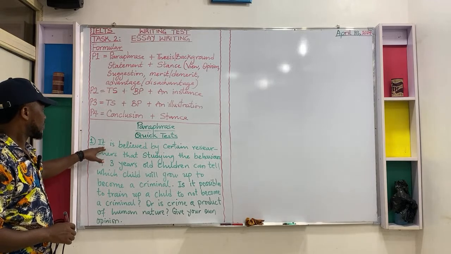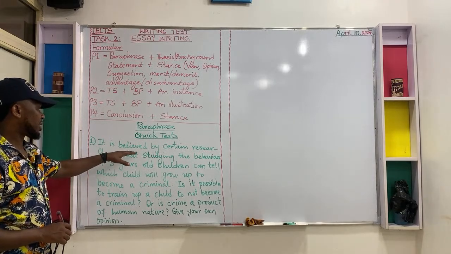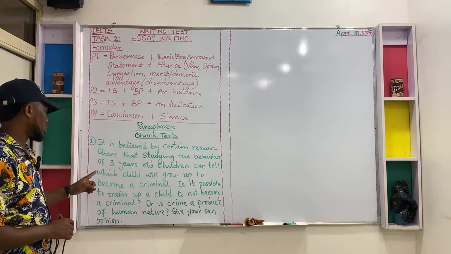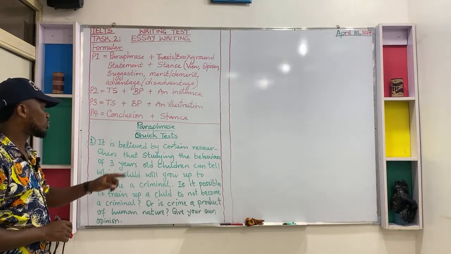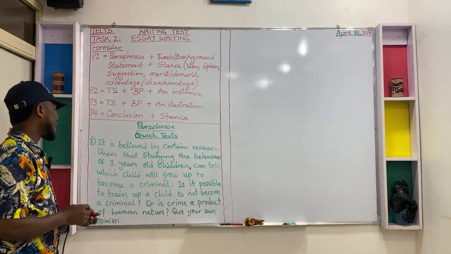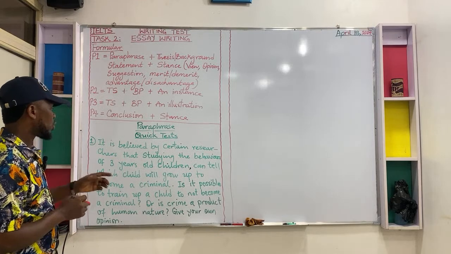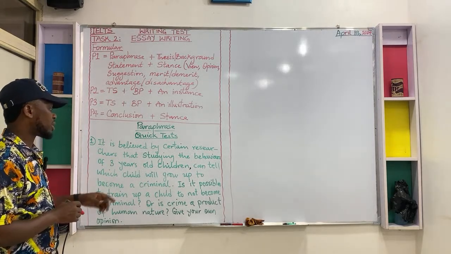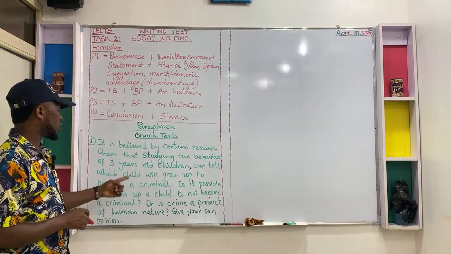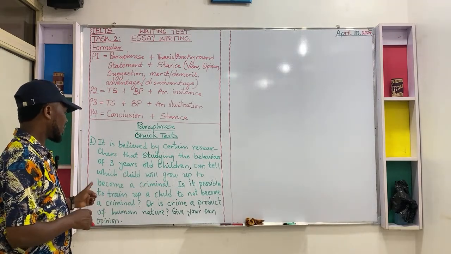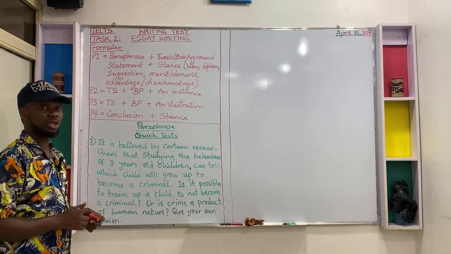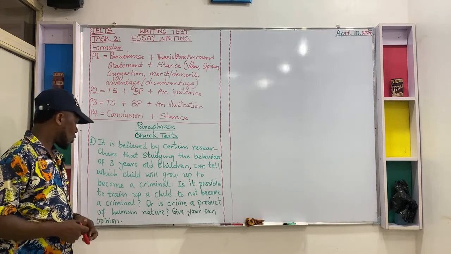It says, it is believed by certain researchers that studying the behaviors of 3 years old children can tell which child will grow up to become a criminal. Is it possible to train up a child to not become a criminal, or is crime a product of human nature? Give your own opinion.